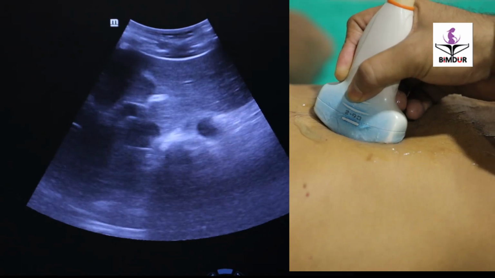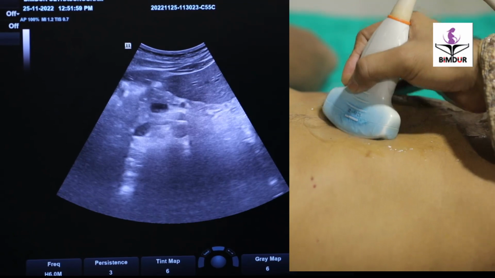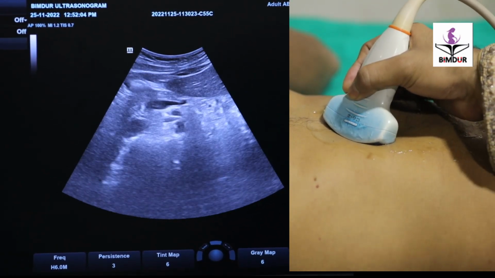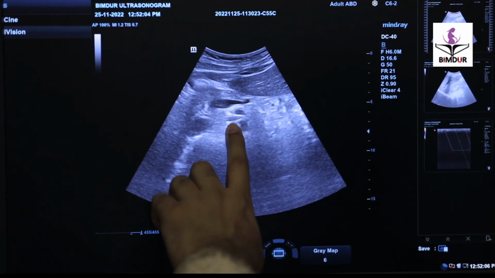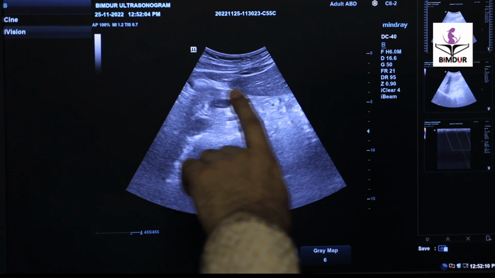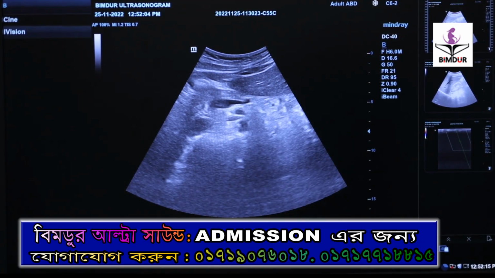And pancreas is easily detected by ultrasound. This is pancreas. This is abdominal aorta, this is splenic vein, portal vein, and this is pancreas, and this is left lobe of liver.